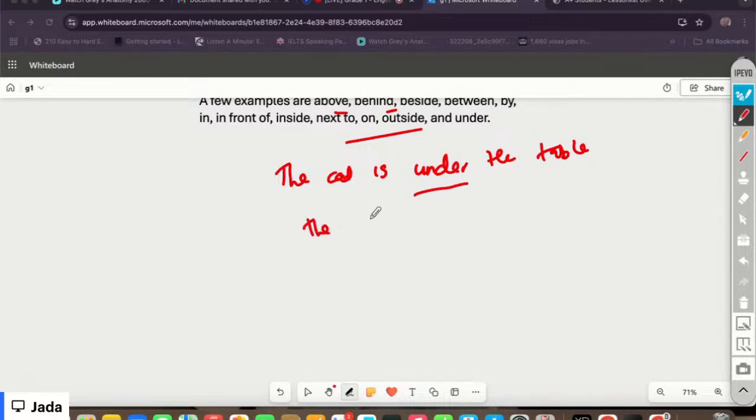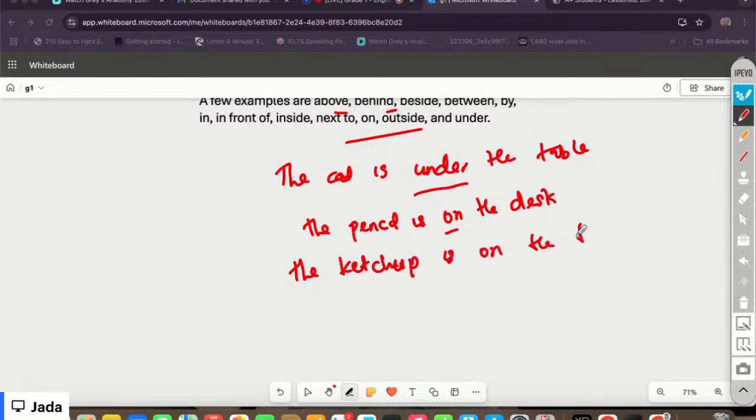Then the pencil is on the desk. So we have on here. Remember we had an example that said the ketchup is on the table also. So on. Okay?